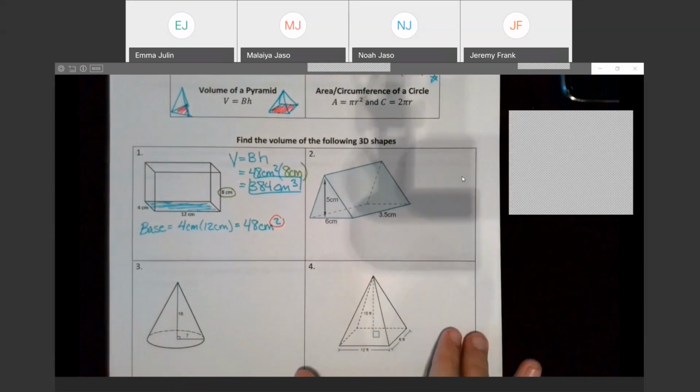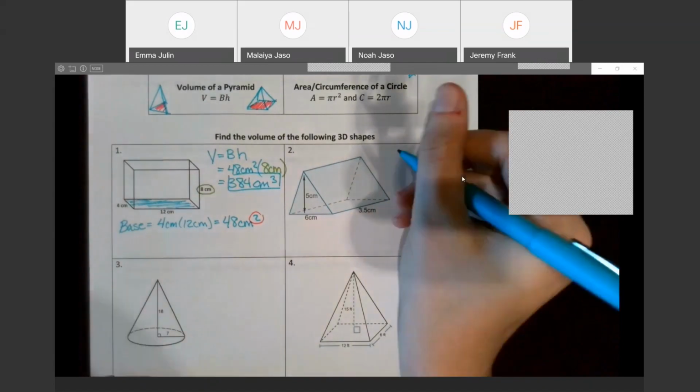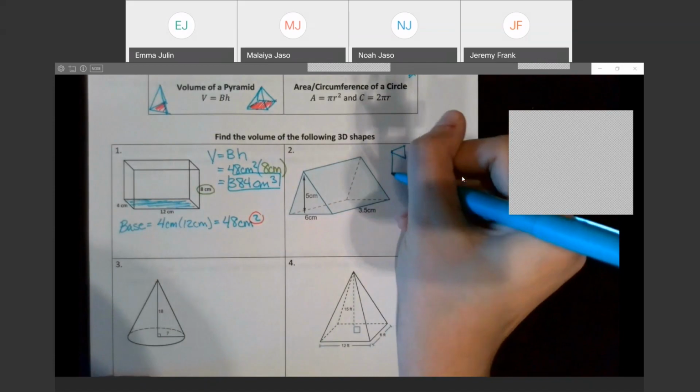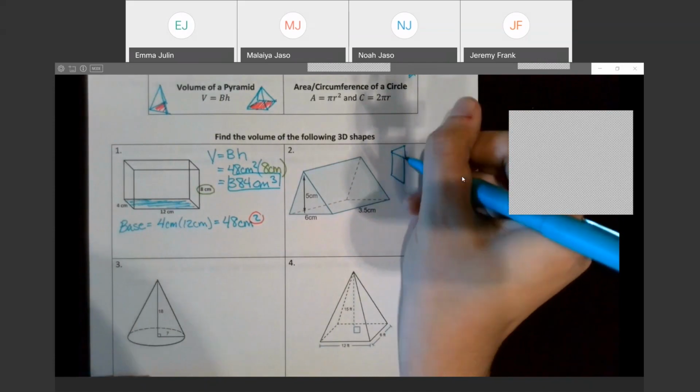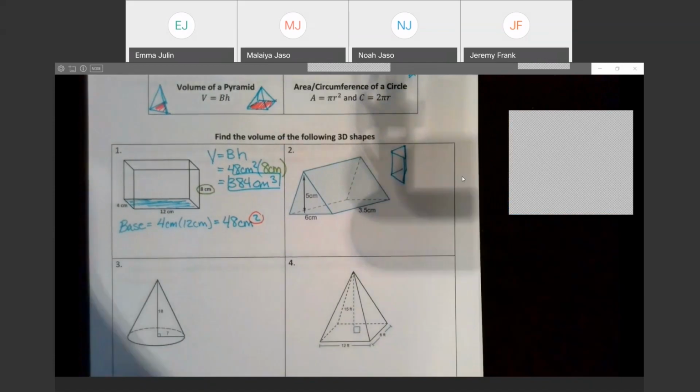We're going to apply that same reasoning to the triangular prism here. So this one's a little bit trickier to see. It's sitting on one of its sides right here. But remember what I talked about above. A triangular prism is called that because its bases are the triangles.